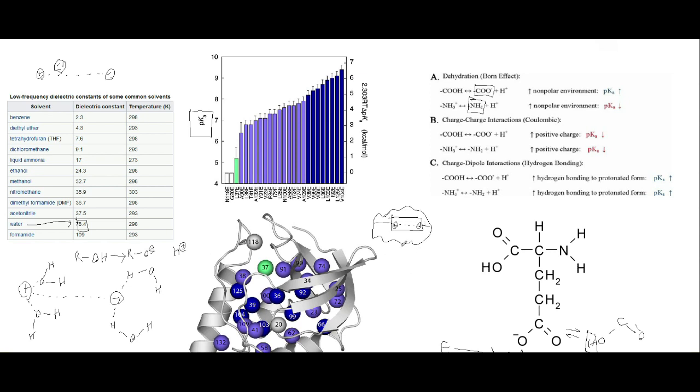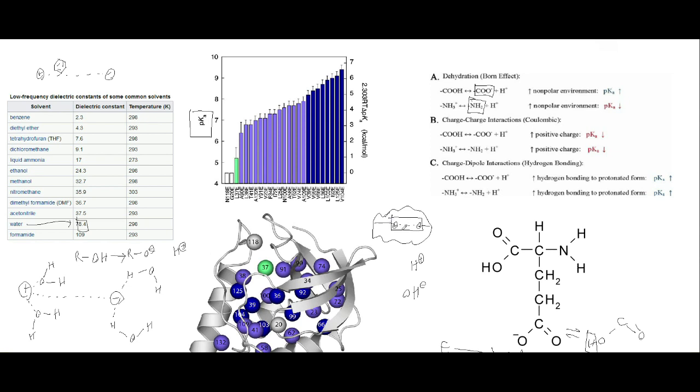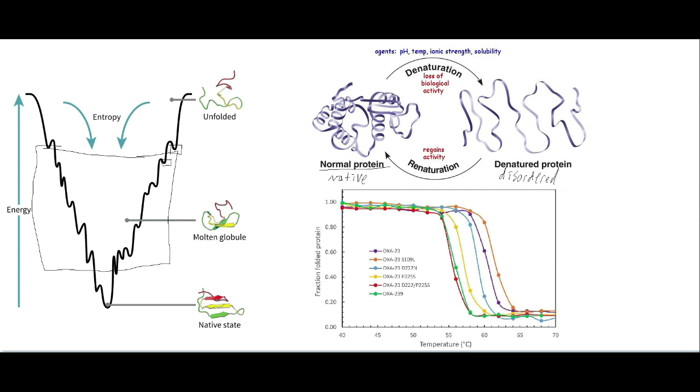But if we add enough H pluses or OH minuses, changing the pH of our solution, then you will eventually change the charges on these. You might put hydrogens on here because you added enough of this, which would weaken this bond and allow this to start falling apart. So changing the pH can change the structure of a protein, and different proteins are going to be in the native state at different pHs.